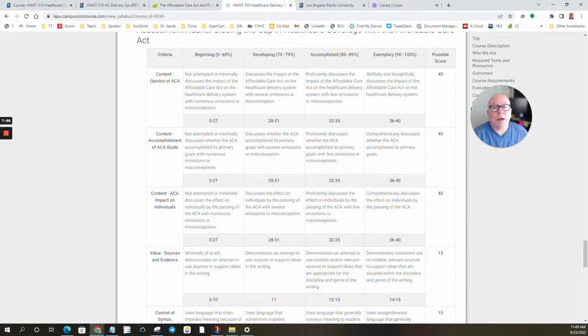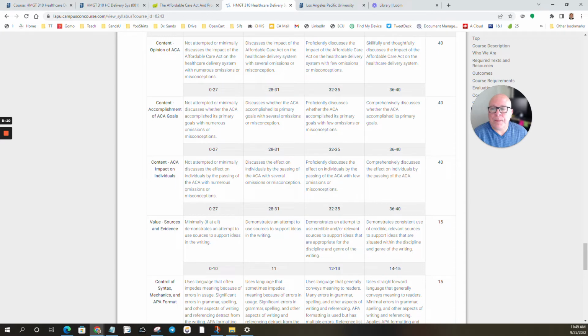Okay, so those are the 3 areas on content, and then the next 2, value, source of evidence. Demonstrate consistent use of credible, relevant sources to support ideas that are situated within the discipline and genre of the writing. So the references you choose have to tie to the topic and what you're writing about.